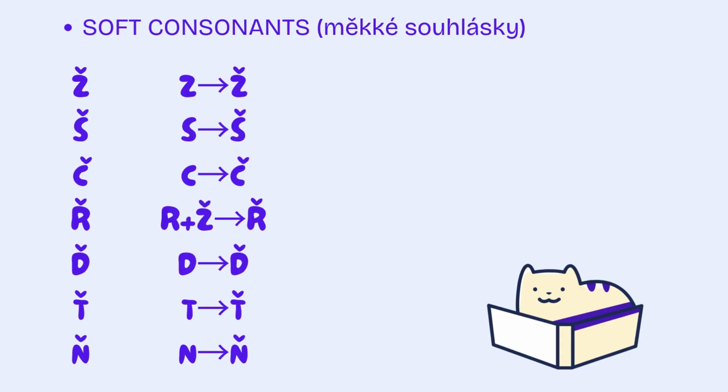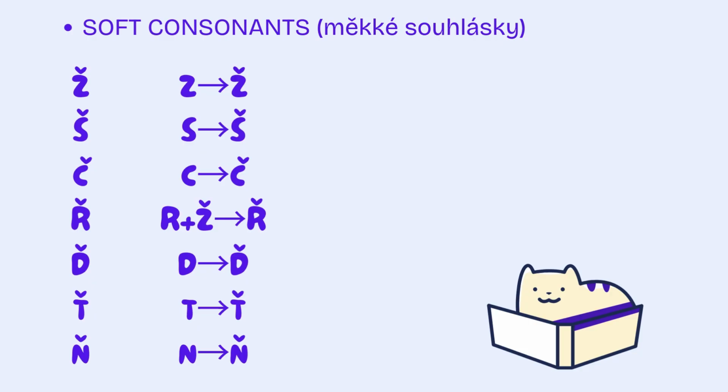Let's have a look at the first one. We're starting with Z, and we have to make it into Ž. You twirl your tongue a little bit. You make a kind of small valley inside your mouth with your tongue, and you make it soft. Ž.